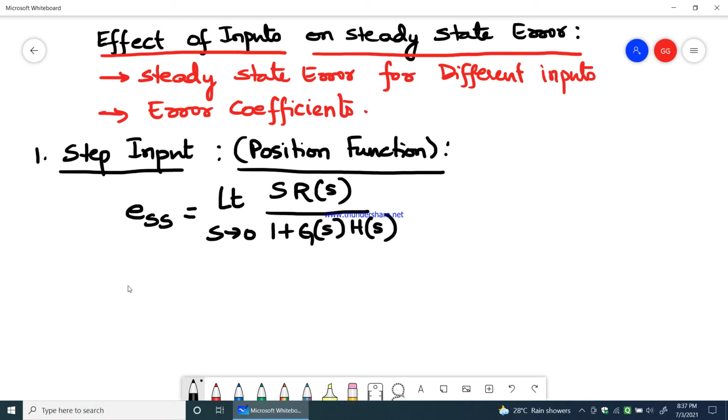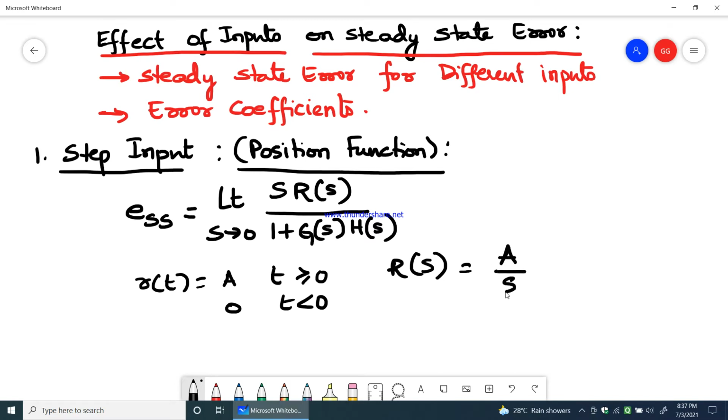So we know that r of t was equal to A for all t greater than or equal to 0, whereas 0 for all t less than 0, is the step input, and we ended up getting the Laplace transform of the step input, R of s, equal to A divided by s.